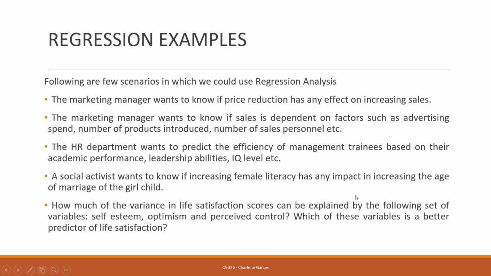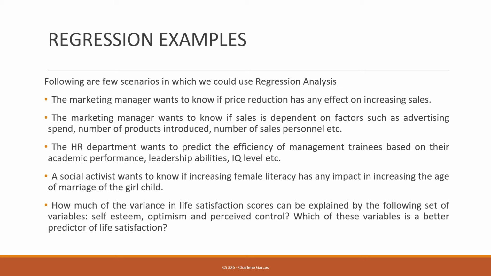So to continue, there are some regression examples. The one that I wrote on the Word file earlier is also an example, but that is more on the example of bivariate, or what we call simple regression.